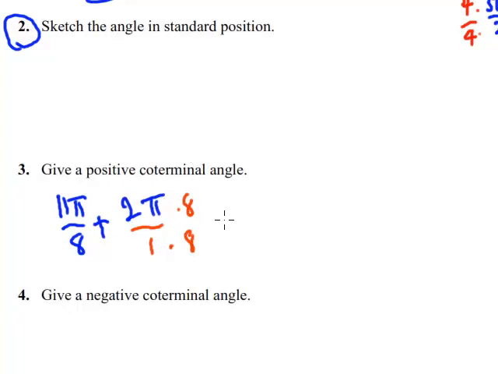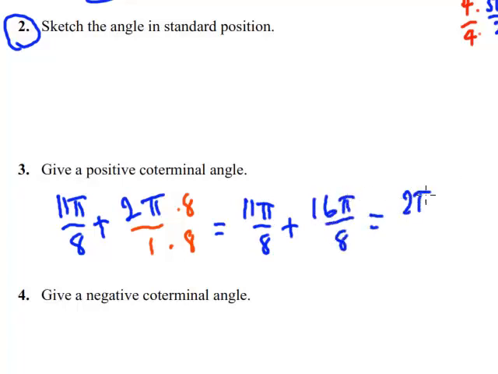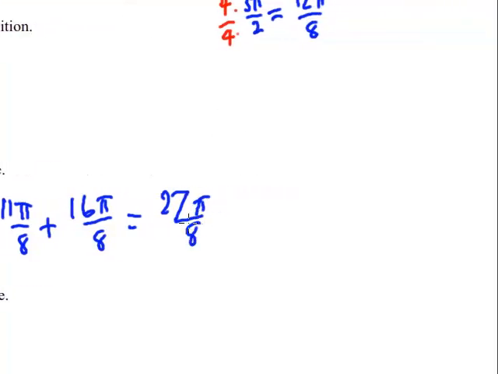Excuse me. And that's going to give me 11 pi over 8 plus 16 pi over 8, which is equal to 27 pi over 8.